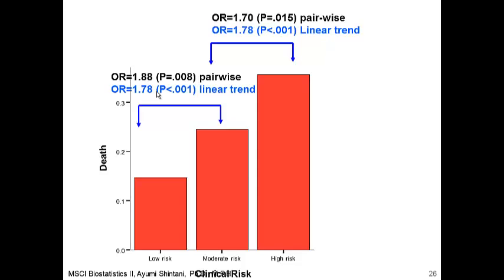Looking at this graph, it seems okay to average these two odds ratios because numerically they look similar. So we draw a straight line and analyze the clinical risk category as a continuous variable, which is the linear trend test. And you need to be very careful. In this data, visually it looks like there is a nice linear dose response trend.